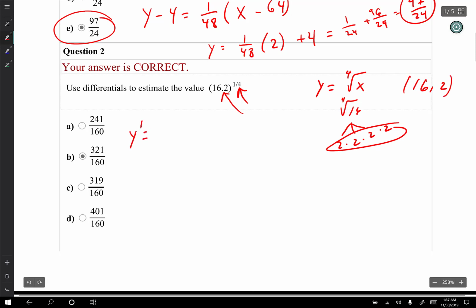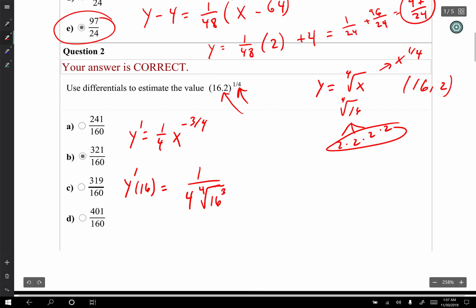So y prime equals, let's see, this is x to the 1/4, so I'm going to write 1/4 x to the negative 3/4. We might have some issues. We'll see. So y prime at 16 equals 1 over 4 times the fourth root of 16 cubed.